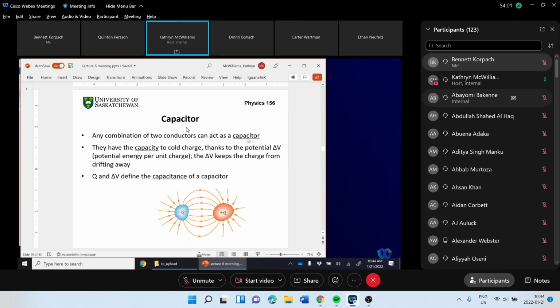Right, so E dot dS gives you a potential difference from one to another, along the direction of the electric field. So the amount of charge and the potential difference between these two objects, whatever they are, defines the capacitor, okay? It's basically what voltage you need to hold what amount of charge there.